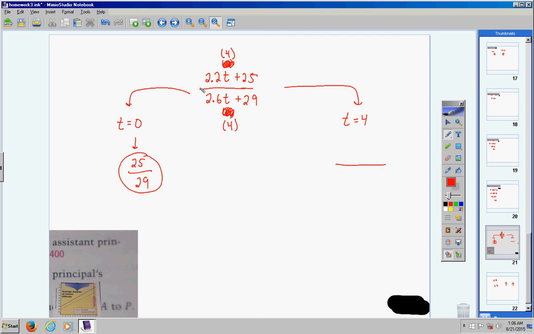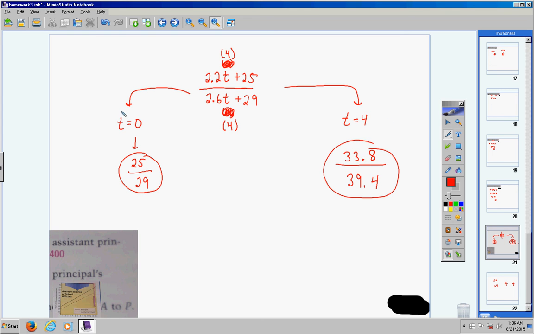Up top, I have 2.2 times 4 plus 25, which would give you 33.8. And then 2.6 times 4 plus 29 would give you 39.4. Now, we did number 52. There's the ratio. So here's the ratio in 1980. Here's the ratio in 1984.